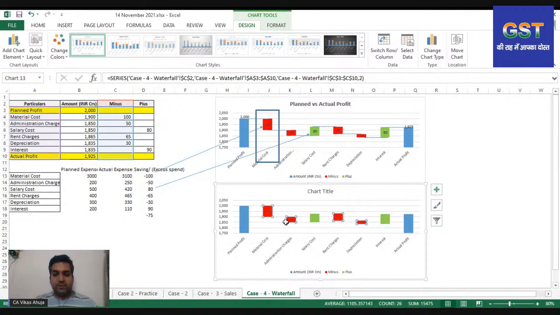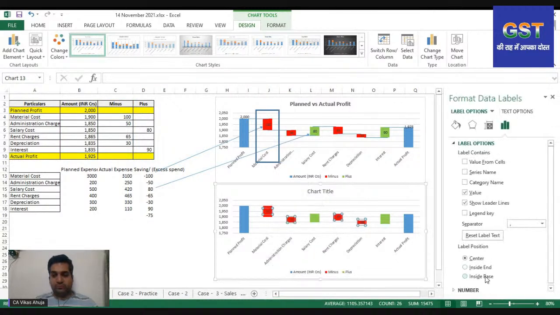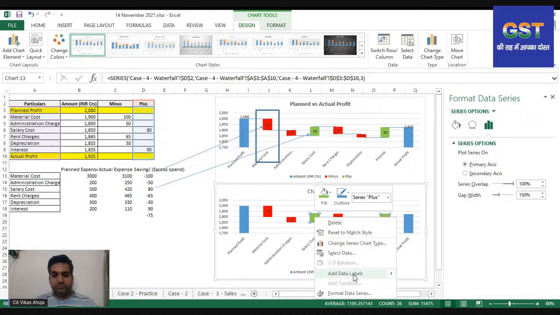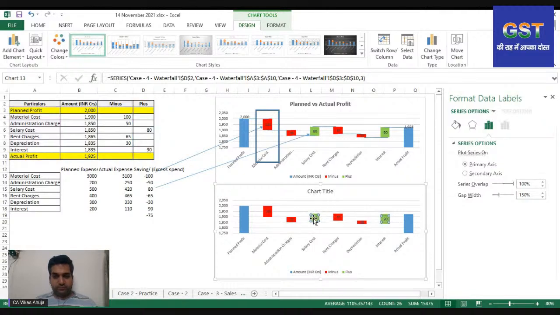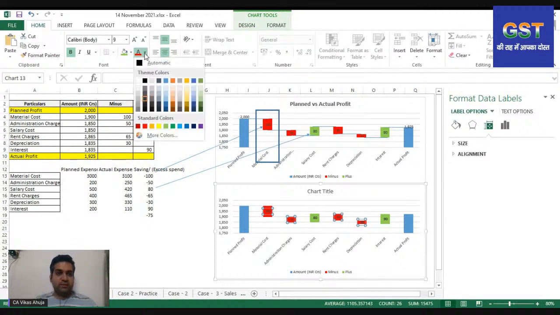And data labels. Now this shows me the value. I can put it wherever I want as per my choice. I just keep it here only. To make it visible, I'll make it white.